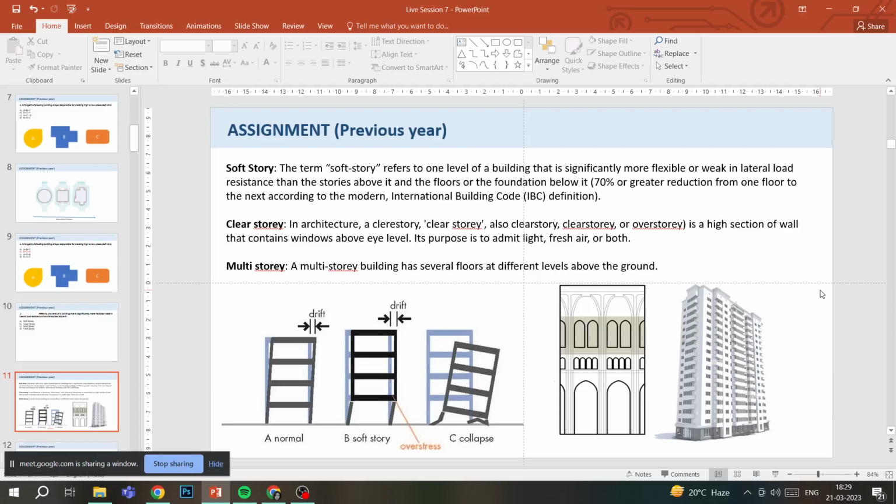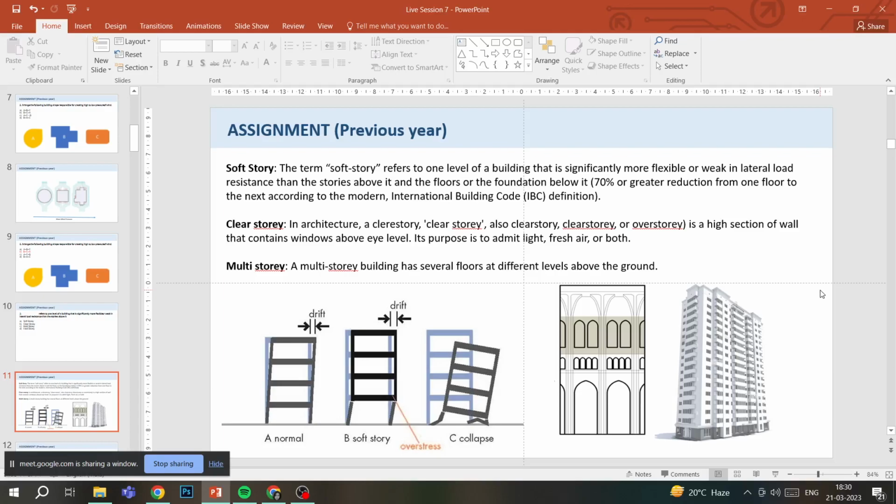So in the figure right next to the soft story figure, the part which is highlighted in gray is the clear story. If you see it as an elevation, there is a ground and then the windows which are on the floor above or way above your eye level; that whole wall is called the clear story. Then multi-story.